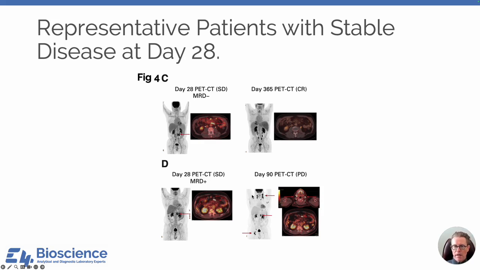You can see there's a lot of lymph node involvement in the neck and in the groin that was not there previously. So again, similar metabolic imaging results, but their MRD status really sets them down different pathways. Again, getting back to the idea that being MRD negative is really, really valuable.